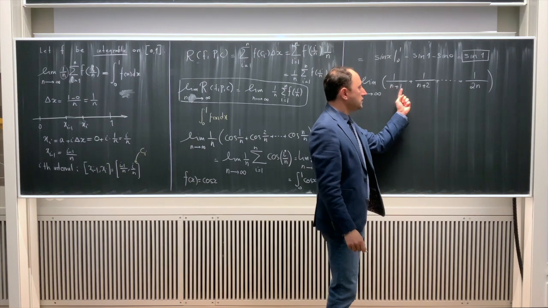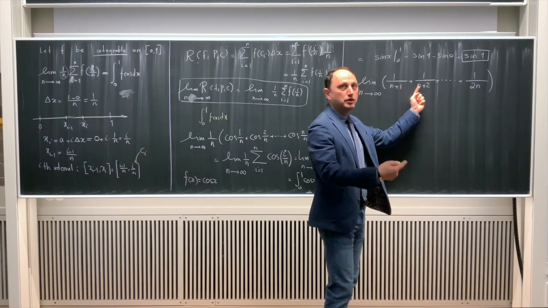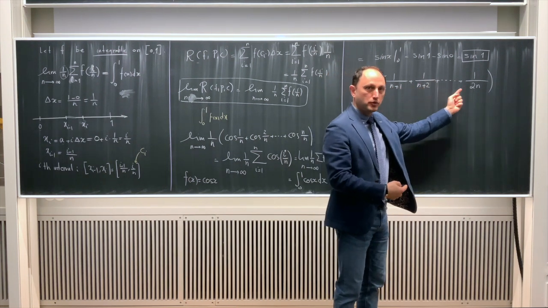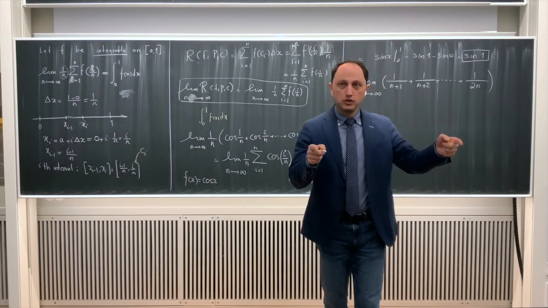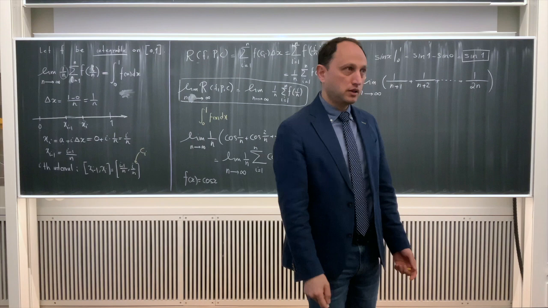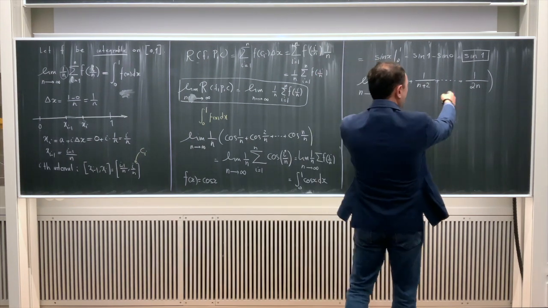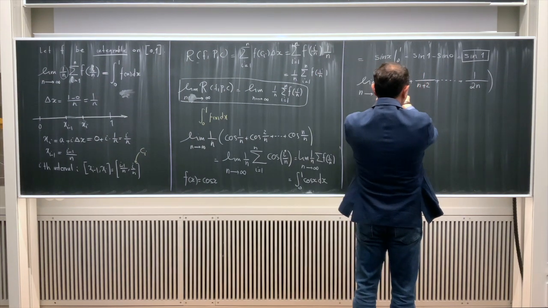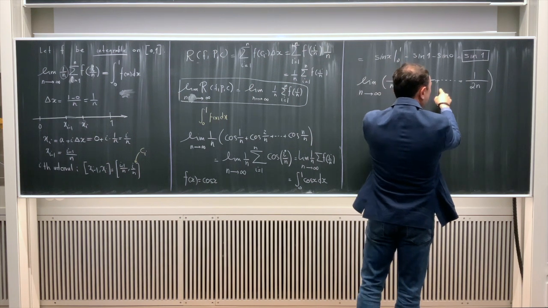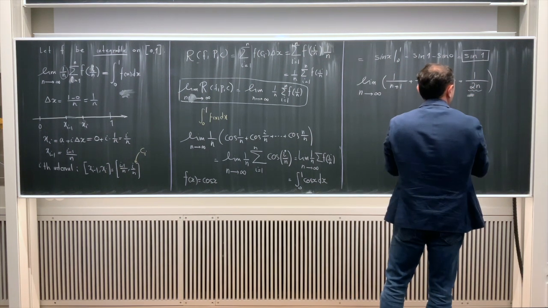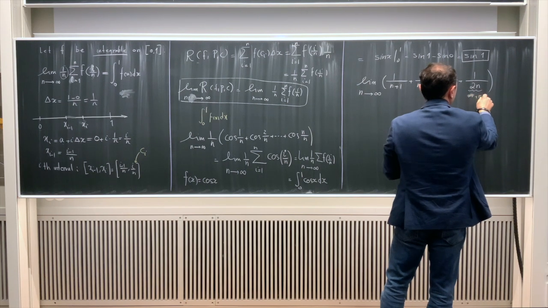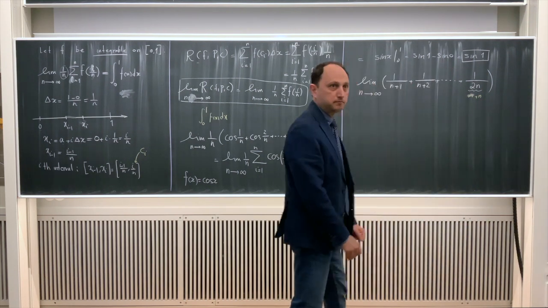Because it becomes n plus 1 first, the next one is n plus 2, and I continue this process until I reach n plus n, which is 2n. So don't think that this pattern is strange. It's not strange: n plus 1, n plus 2, the next one n plus 3, until I reach n plus n. But of course, n plus n has a better name, so I wrote it as 2n.